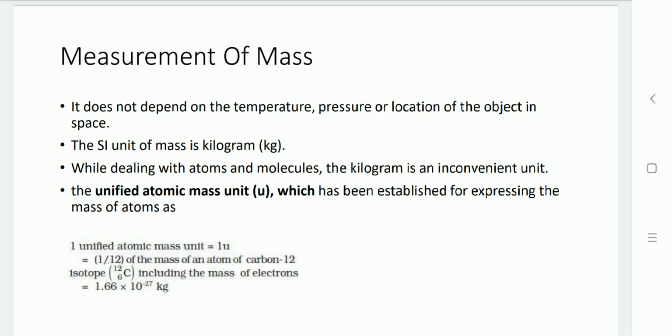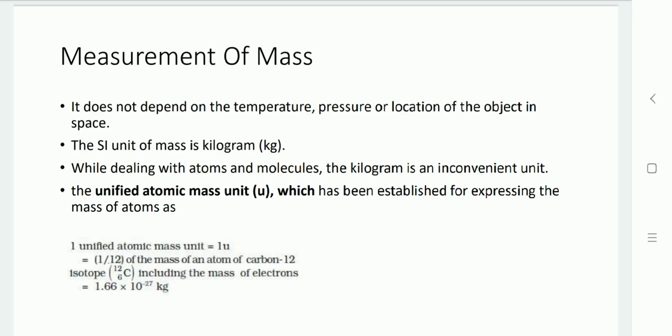We define it with reference to carbon, taken in its neutral condition as the reference. So atomic mass can be measured with reference to it. The atomic mass of carbon is 12.